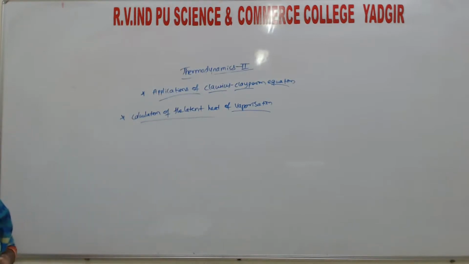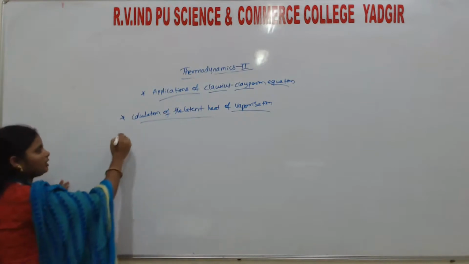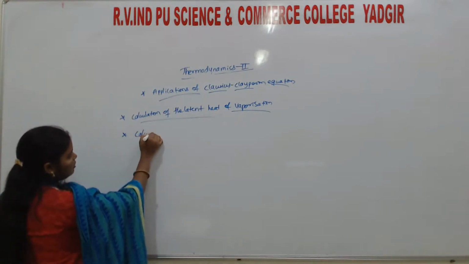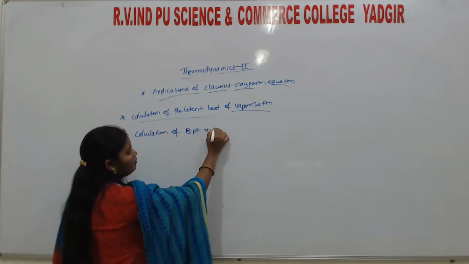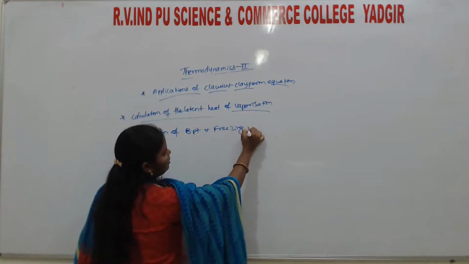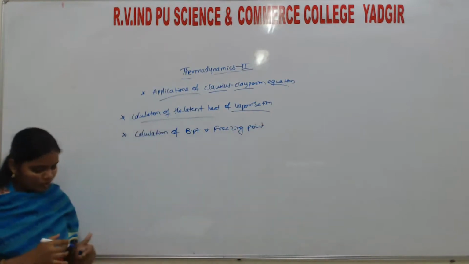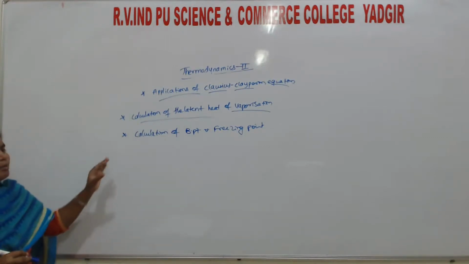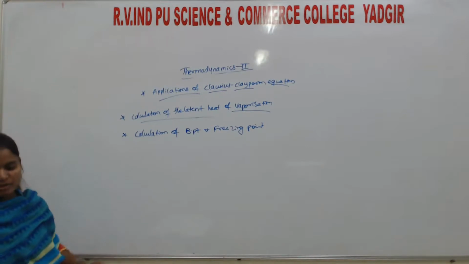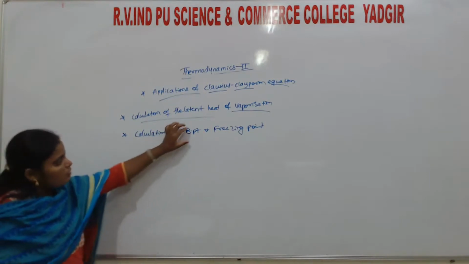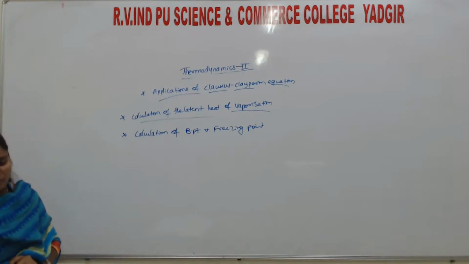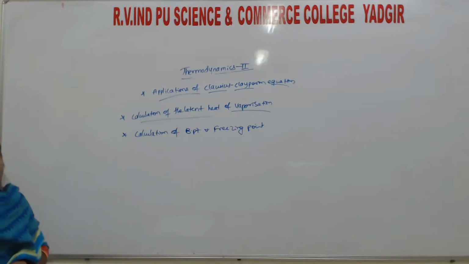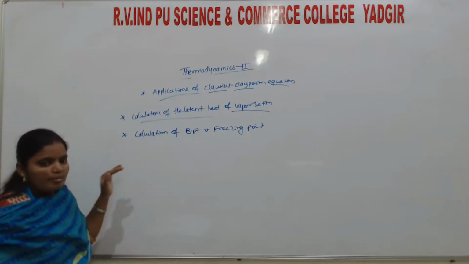Next, the second is the calculation of boiling point or freezing point. Here you know the value of the freezing point or the boiling point of a liquid at one pressure, that is P1 pressure.